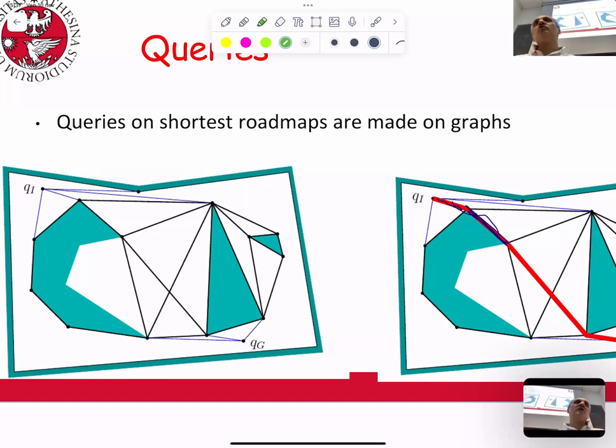Or you could consider a completely different approach, the generalized Voronoi diagrams that we have seen, which by construction produce the maximum clearance roadmap if you want to stay as far away as possible from the obstacles.